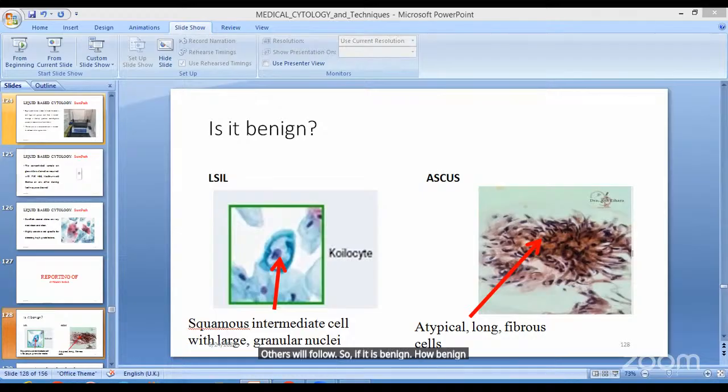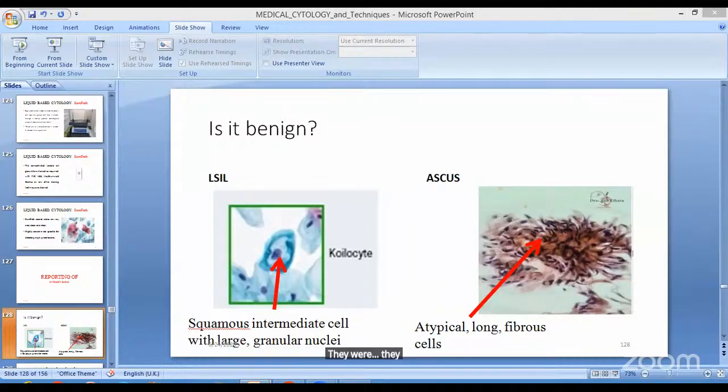Is it a low squamous intraepithelial lesion? Keep asking questions. What are the features? That's what this slide is showing. If it is benign, you are saying it's benign. The cell that I'm projecting has large nuclear pallor, nuclear halo.